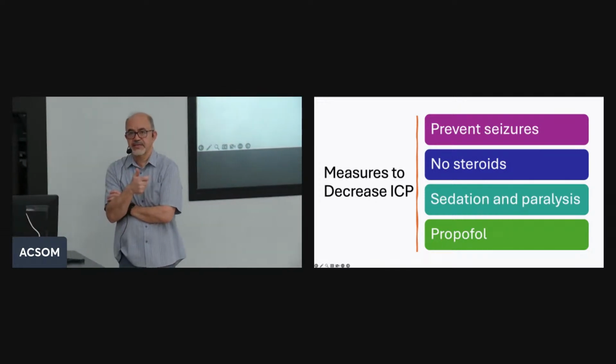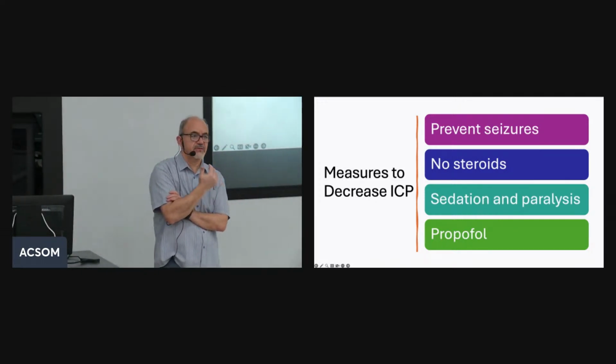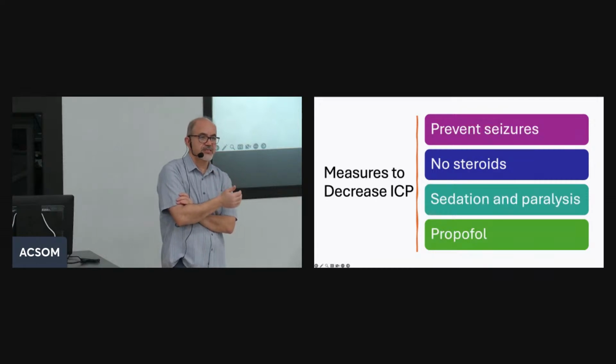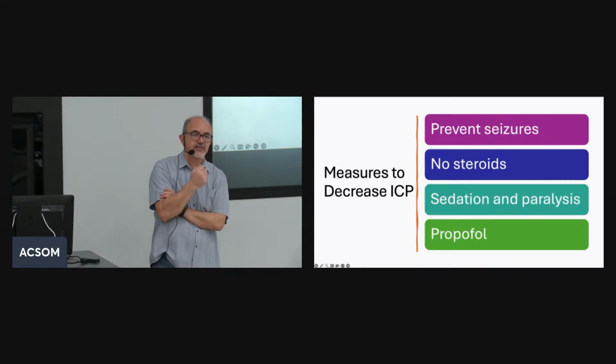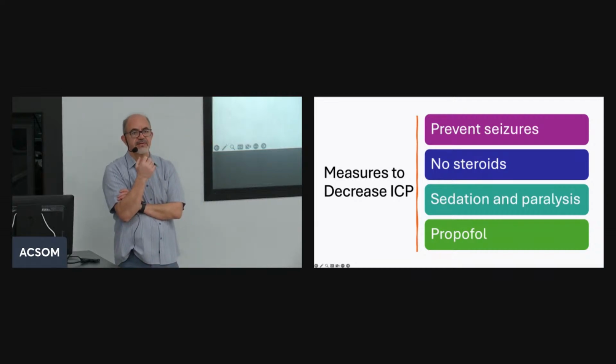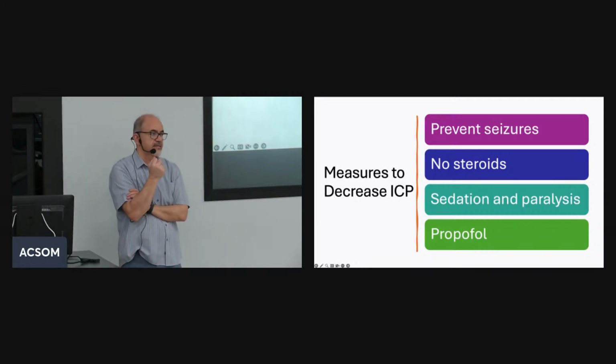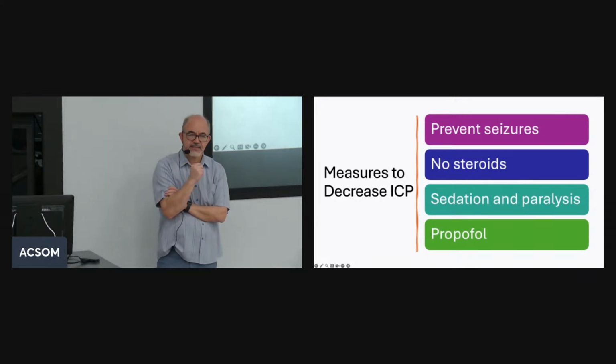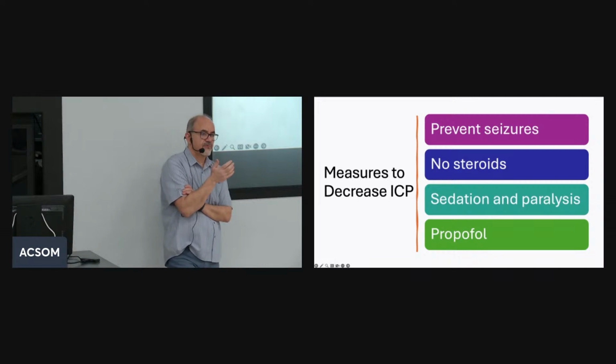Sometimes you need to sedate the patient and paralyze them in order to reduce the agitation, reduce the ICP, because every twitching, every movement, every contraction can cause increased ICP, and sometimes paralysis and sedation helps. The other thing that sometimes we need to do is propofol.